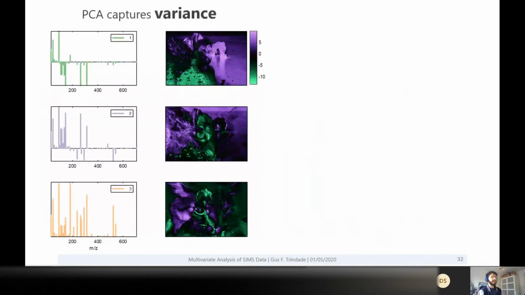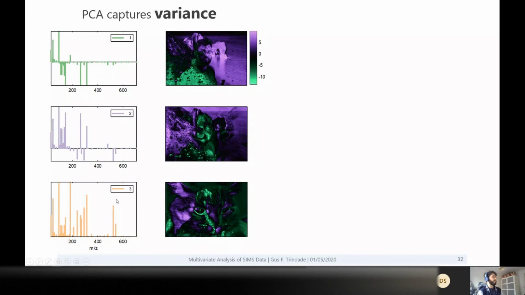So if we do PCA across all these pixels, as I say, it will capture the variance. So it's color-coded here, like purple for positive, green for negative. It will find pixels that show similar behavior, that correlate. So that's what you get.